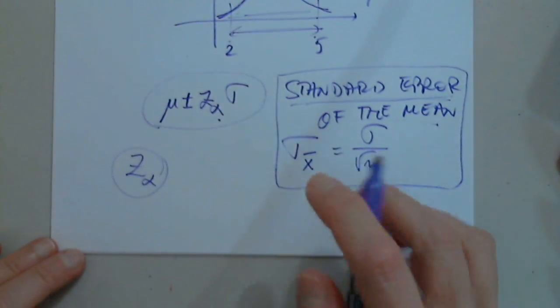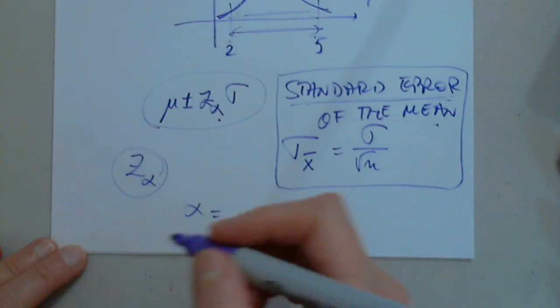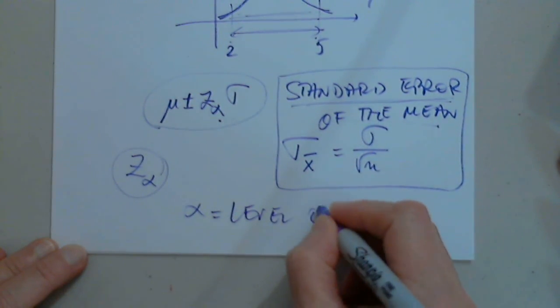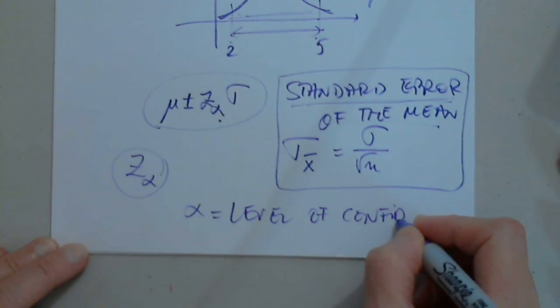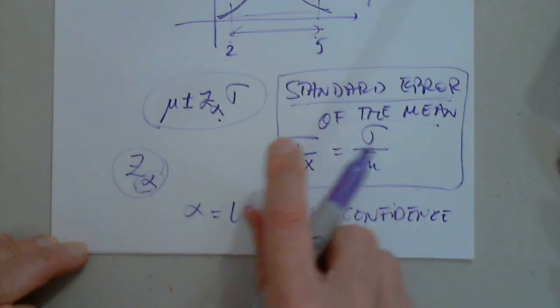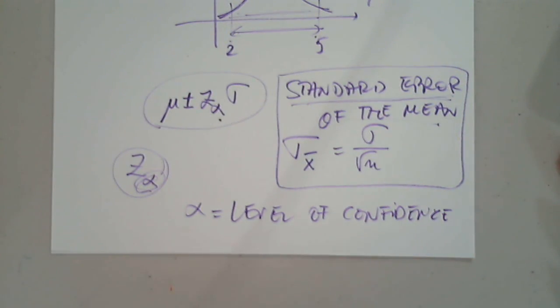Alpha is the level of confidence, which we will talk about a lot very soon. That's when the standard error comes into play. But in this book, I'm learning also, they want to call it standard error of the mean, which is fine, acceptable.